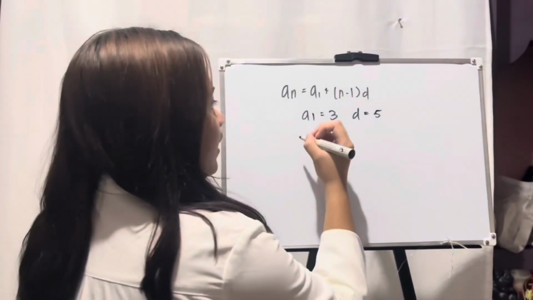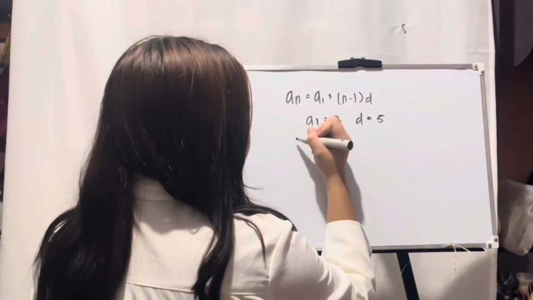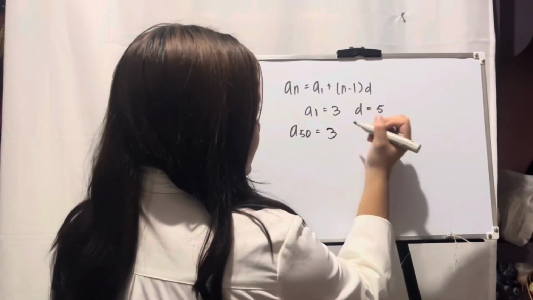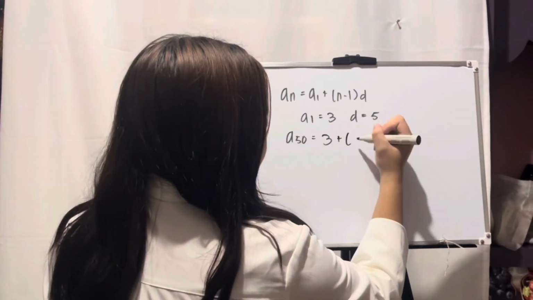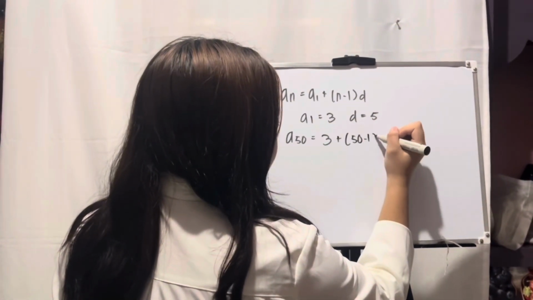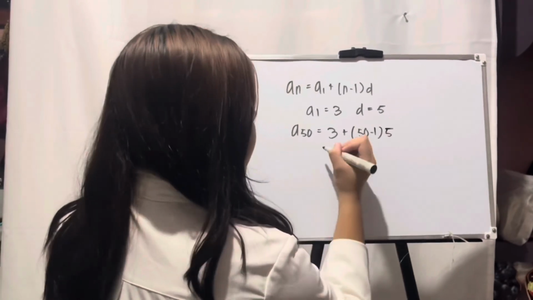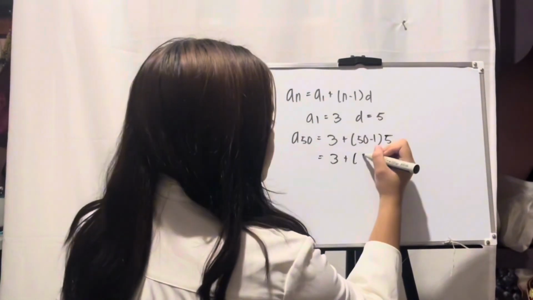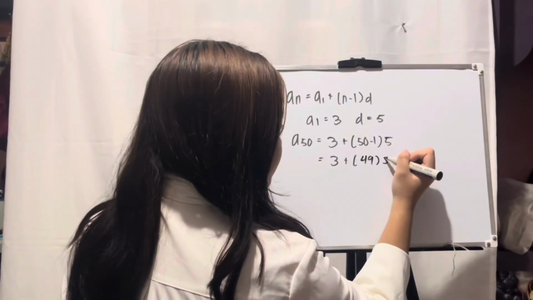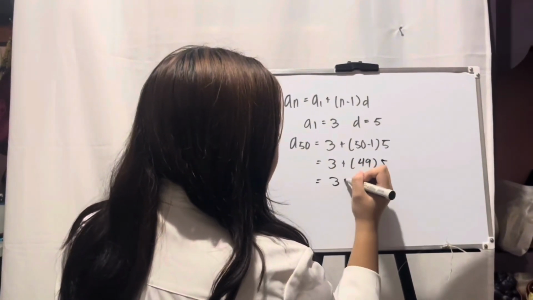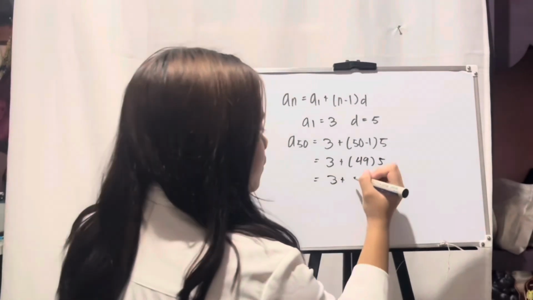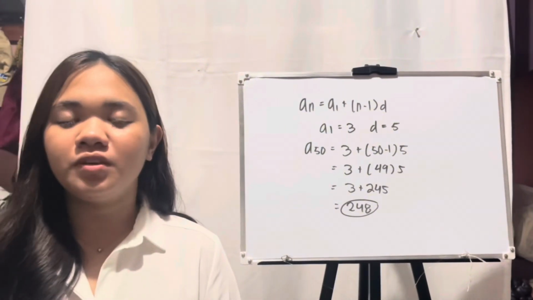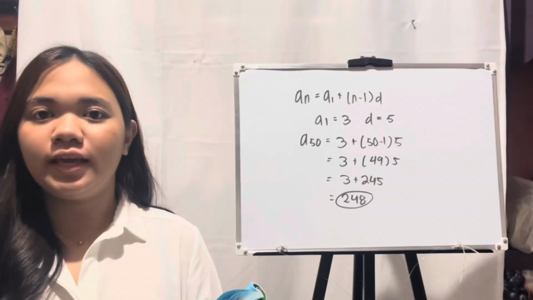So we need to find the 50th term. a sub 50 equals our a sub 1, which is 3, plus our n, which is 50, minus 1, times our common difference, 5. Equals 3 plus 49 times 5, which equals 3 plus 245. Therefore, the 50th term is 248.